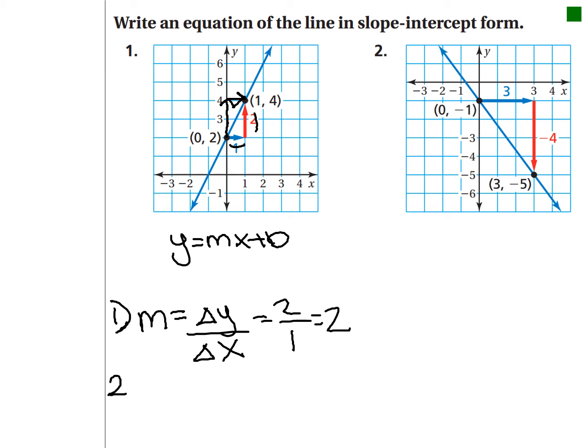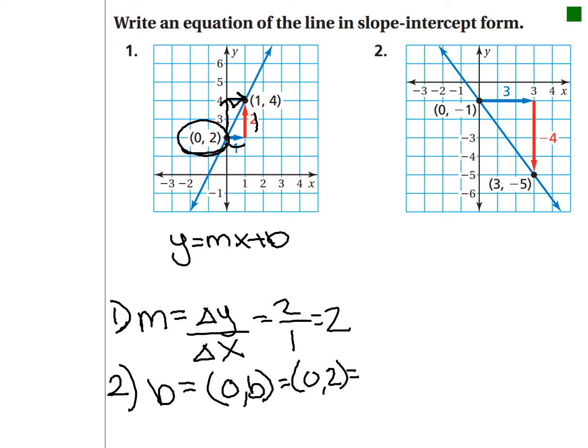The second step now is to find what b is. Sorry, not change in y, sorry, the intercept of y. So 0, comma b, and 0, comma b is right here where we're finding 0, comma 2. You see a 0, comma number? It's 0, comma 2, so b is 2.